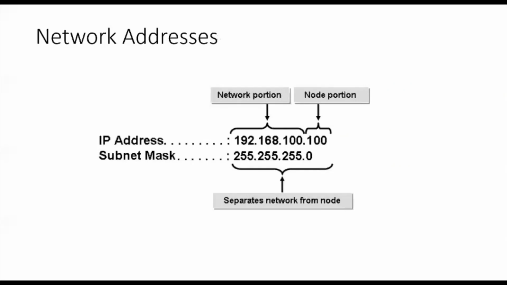The first portion, 192.168.100, represents the network portion or network address, and the 100 represents the host address. The IP address is 32 bits, made of 4 octets of 8 bits each. It is also known as the logical address.